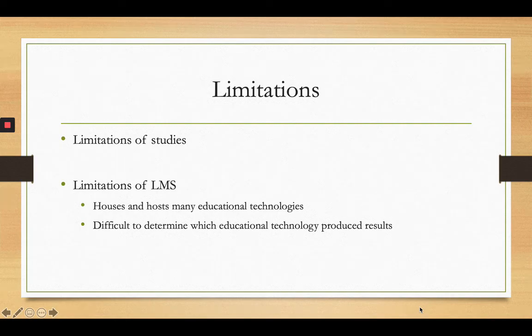In the particular applications with learning management systems, there were also limitations to the educational technology. Learning management systems house and host many educational technologies. There are technologies inherent to the system and applications that can be added to enhance the system. In evaluation, it may be difficult to determine which educational technology produced the desired results.